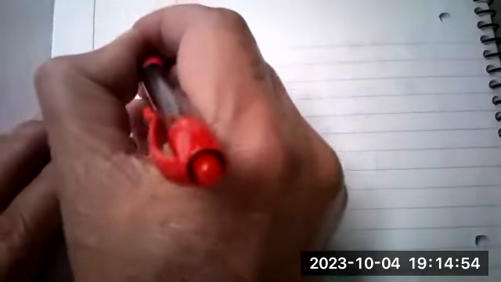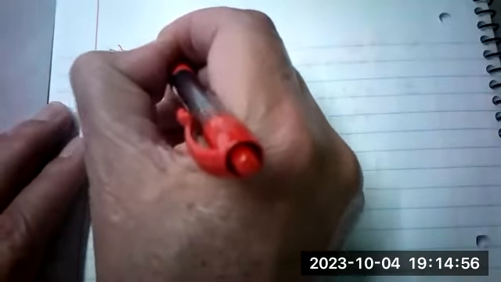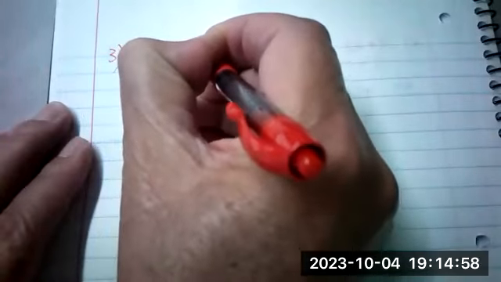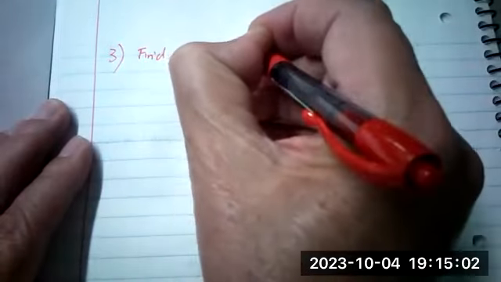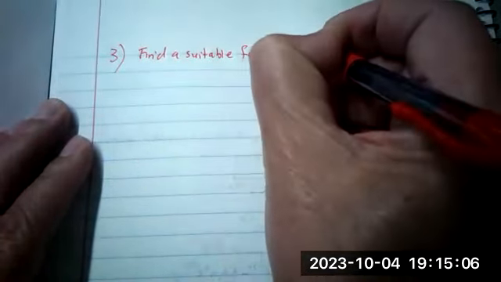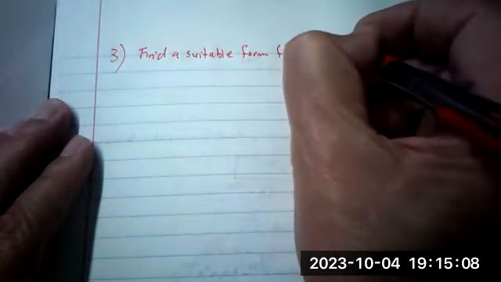I'll give you one question, a couple of them, in this quiz and the next test. So this is number 3. In number 3, only find a suitable form for y_p of t.